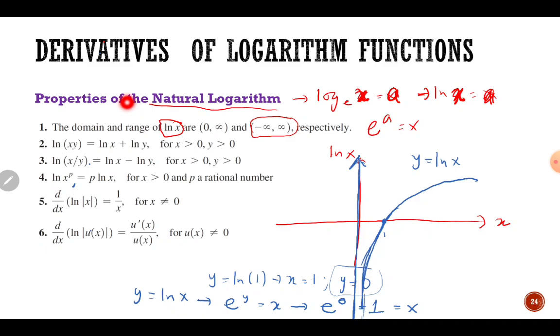So y-axis ni menjadi vertical asymptote for the graph y equals to ln x. And the domain for x is start daripada 0, tapi dia hanya menghampiri kosong. Kosong tak termasuk. And then the value of x may go up to infinity. Alright.